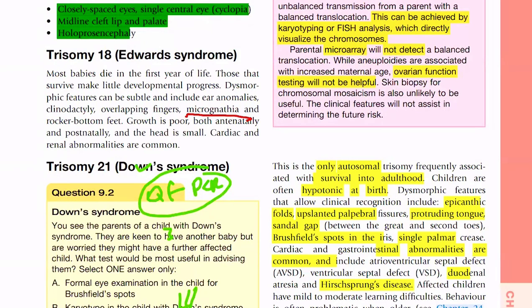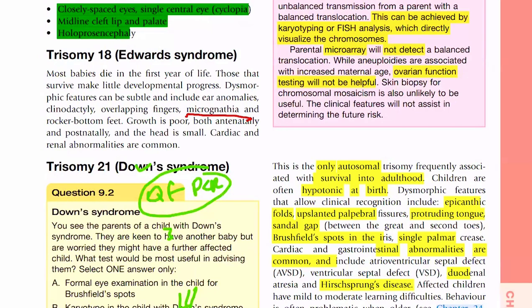Whenever there is a balanced translocation, that person will not show the disease, but the chances of having a baby with the disease are increased. Whenever there is translocation between chromosome 14 and 21 or 21 and 22, the first thing is that whenever we find translocation in the baby's chromosomes, we check for the mother's and the father's chromosomal translocation.